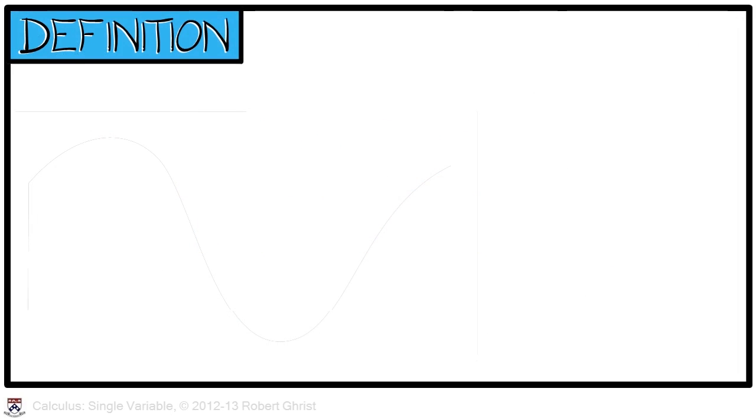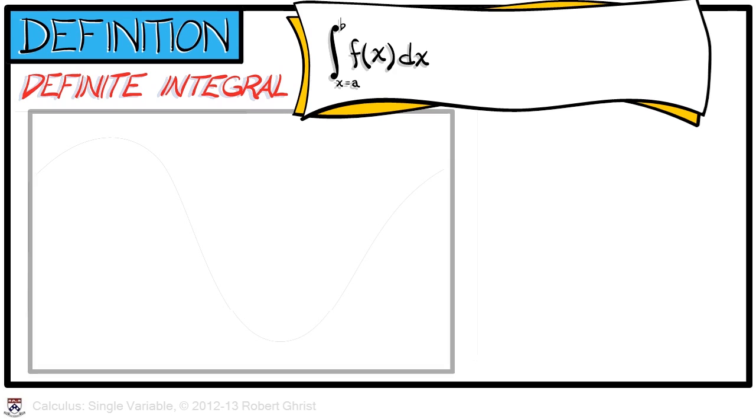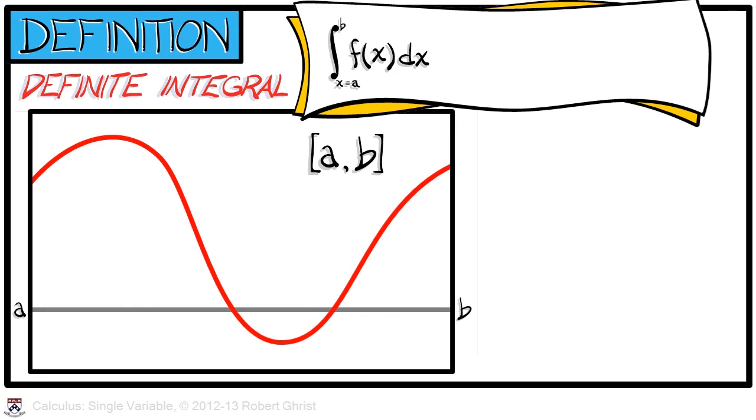The definition of the definite integral is a little bit involved, so stick with me and review again as necessary. We write the integral of f of x dx as x goes from a to b as a certain limit. But what is that limit? How do we set it up?